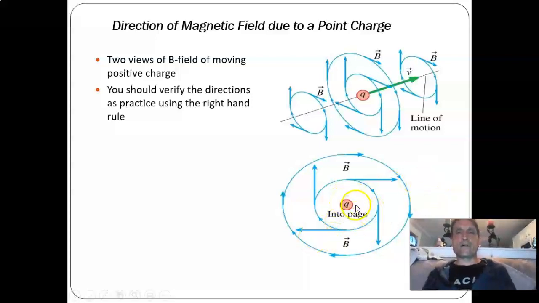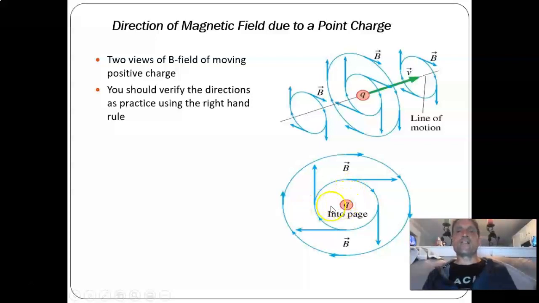So for example, if we're looking at the field over here to the left, then R goes from Q to this point. So R is a vector going from Q toward the left, and V is into the page. And when you do the cross product of V cross R, you get a vector that's perpendicular, that lies in the page because V is pointing into the page.